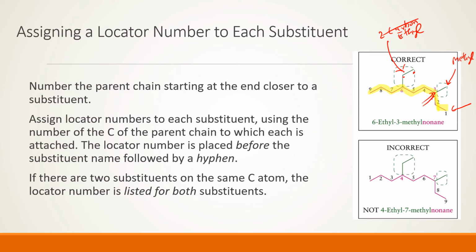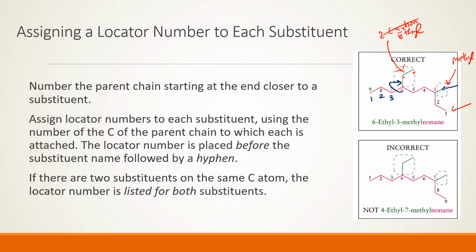Let's, for the sake of argument, count from the right hand side also. If we count from the right hand side, it will be number 1 here, number 2, number 3, and number 4. So we will encounter our first substituent at the number 4 position. Because counting from the left hand side gives us the smaller number, which is number 3, counting from the left hand side is the correct order, not from the right hand side.